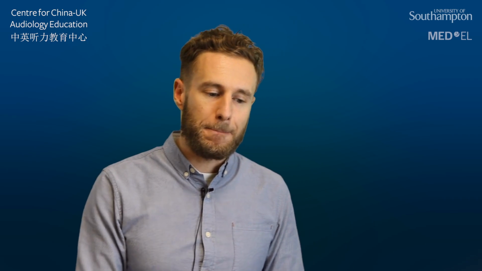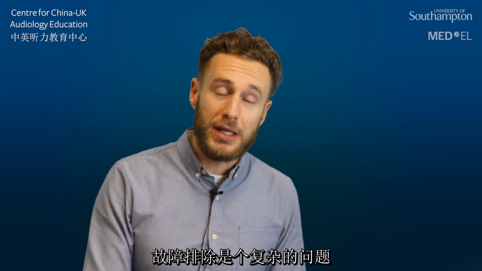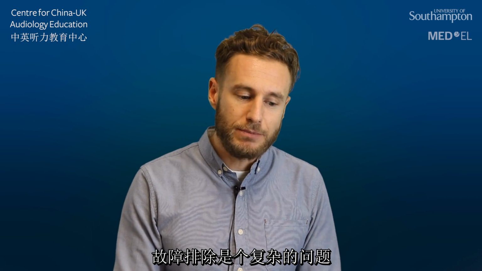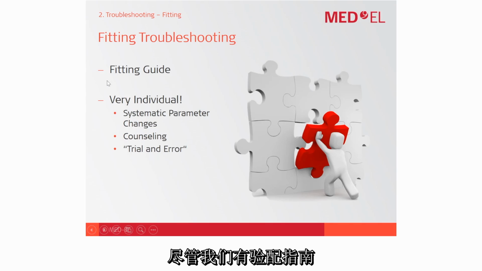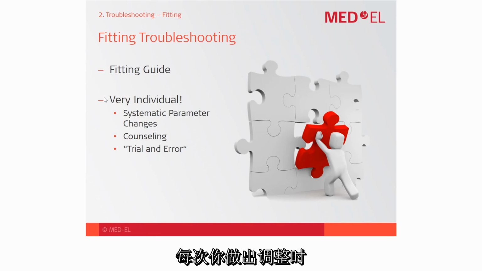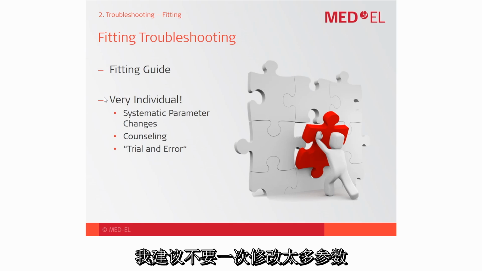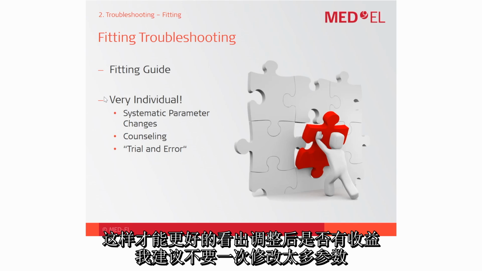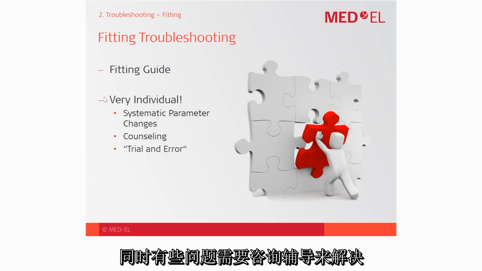Okay, so troubleshooting could be a very complicated matter. We have the fitting guide available, but please keep in mind that it's a very individual process. Whenever you apply changes, I would recommend not changing too many fitting parameters at once. Otherwise, it could be difficult to see if there is a benefit or not.